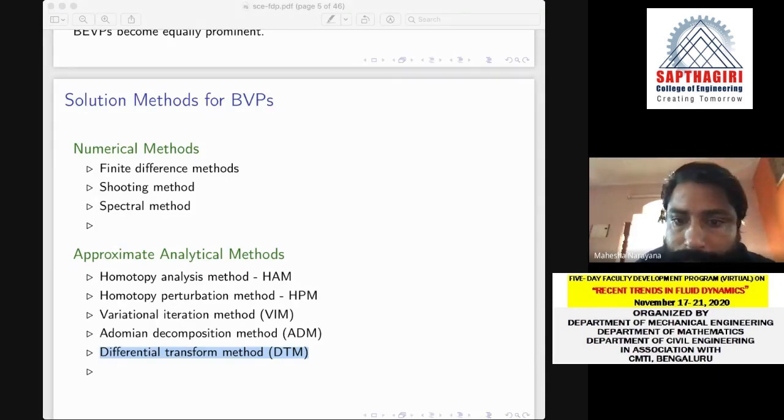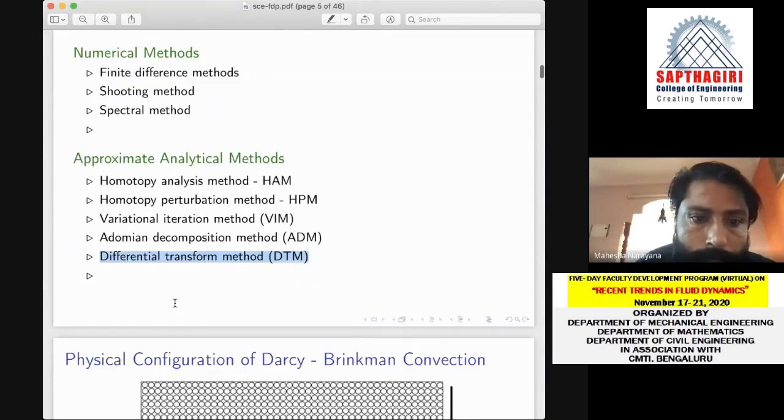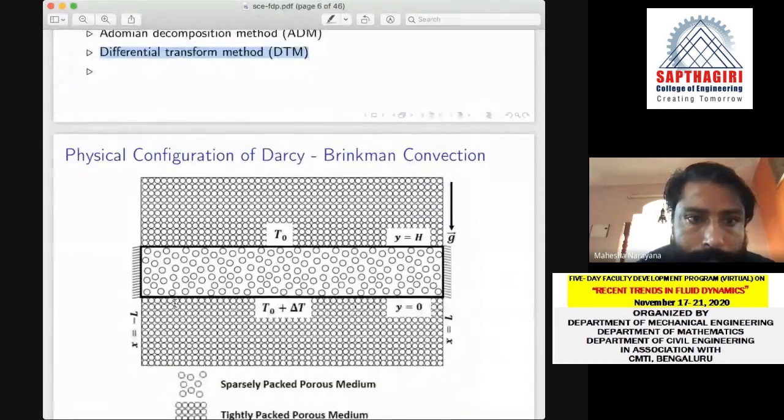With this brief introduction, I will move on to the next item in the presentation, which is the mathematical formulation of the instability problem. Let me spend some time for those who are not from the fluid mechanics background, so that they can understand how this problem is arising and how we are going to handle that problem.